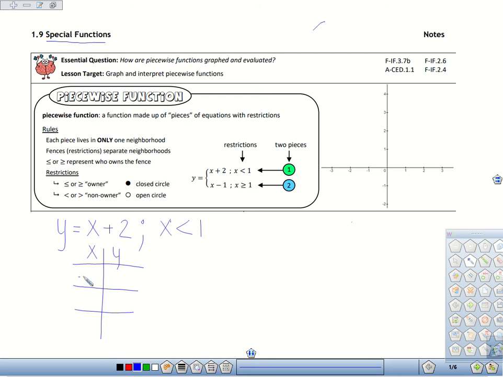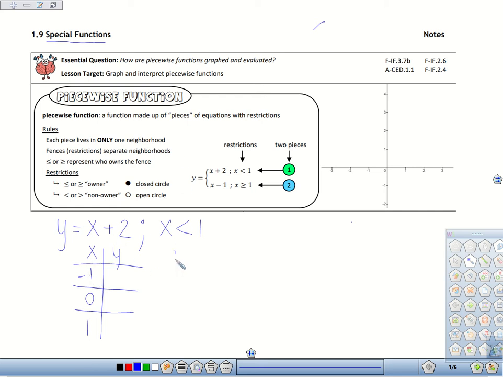I usually say -1, 0, and 1. Now, you always want to include the end and the beginning of your restriction. If you have a beginning or end, you always want to include that point when you're making a table, okay? Whether or not it's less than or less than or equal to, you always want to include it in your table.